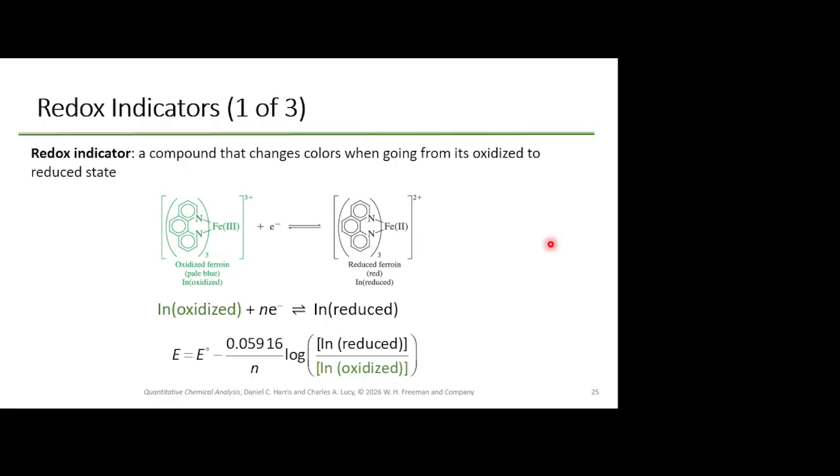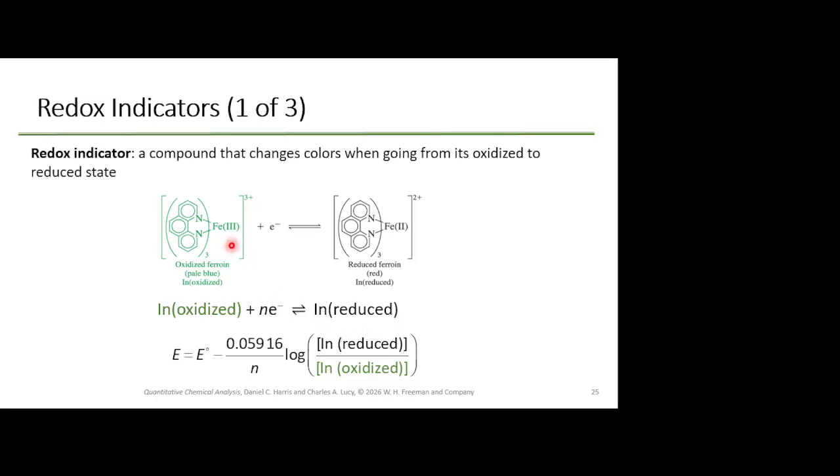One was binding H+, now we're binding an Fe3+. Not a huge difference. It changes the color when we do it. You can plug these indicators in. They're going to be redox agents, of course. And so you can plug them into the Nernst equation here. And it's going to have the exact same form as before. Again, remember, it's going to be the oxidized on bottom, reduced on top here.